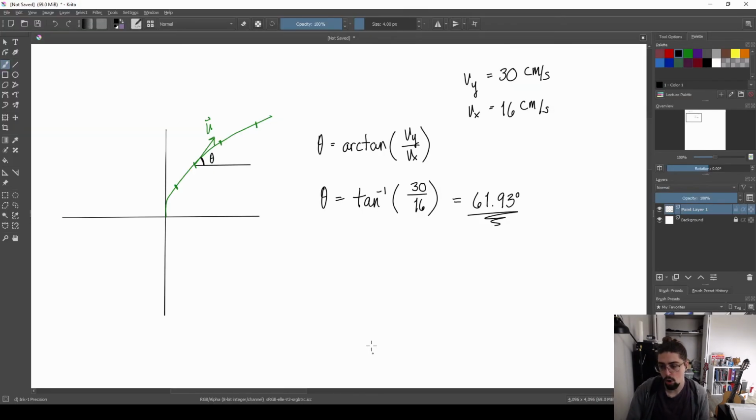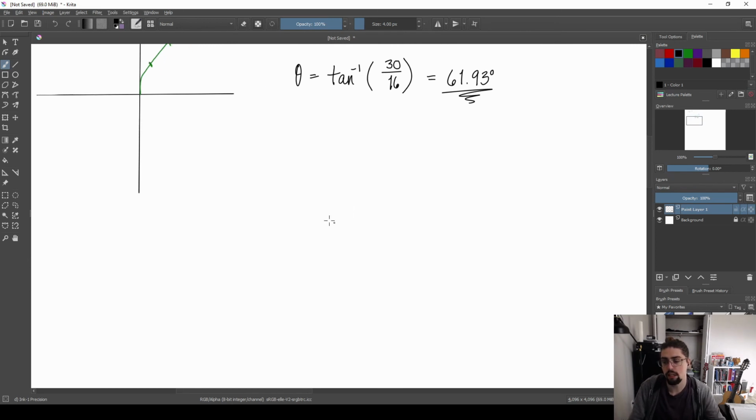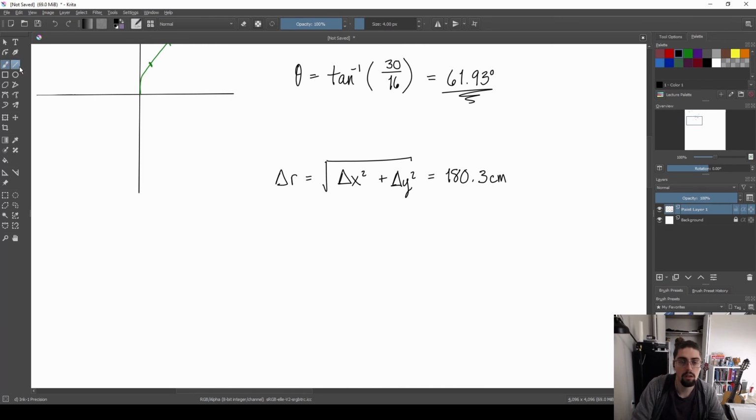To find the total displacement, delta R, it looks just like this: delta X squared plus delta Y squared, all under a square root. Plugging these two things in together, what we should find at the end of the day is a total distance of 180.3 centimeters.